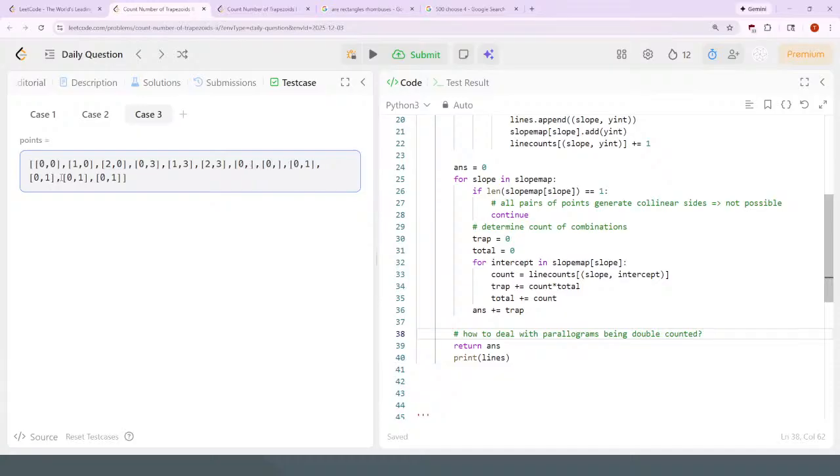Okay, so I guess maybe 0, 1 to 0, 1, and then 0, 2. And then on the other side, it'd be 2, 1 to 2, 2. Okay.